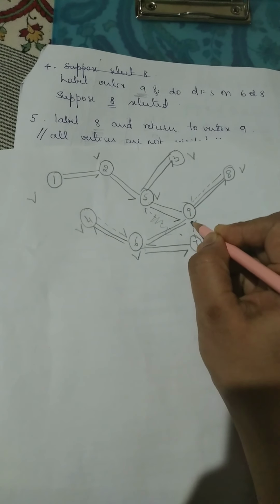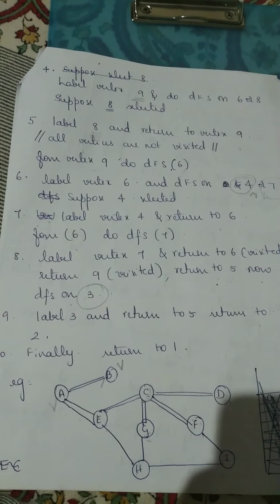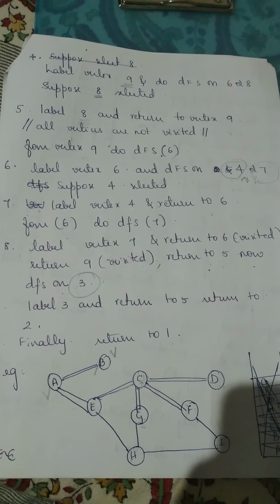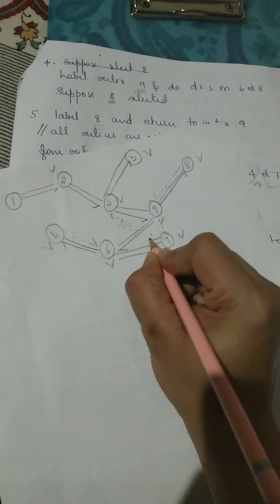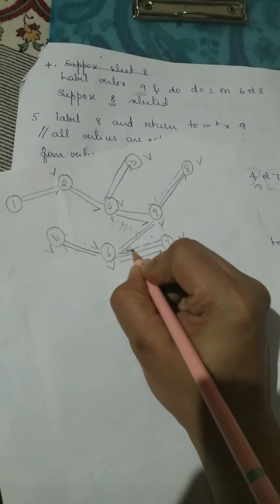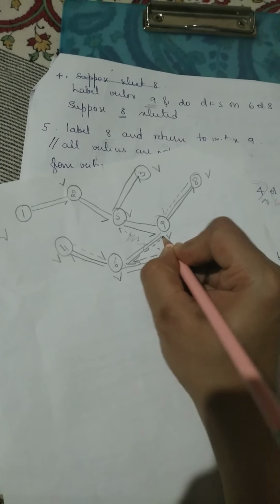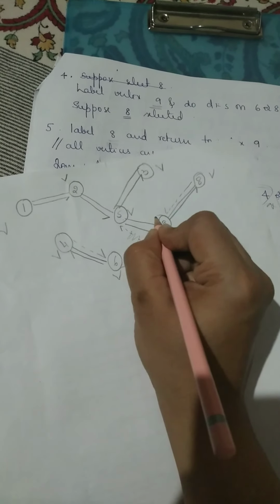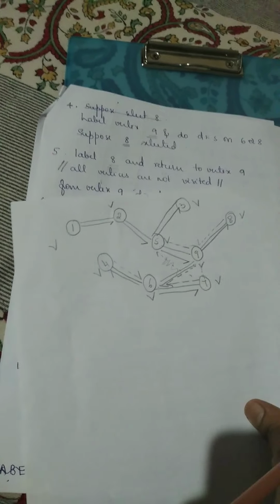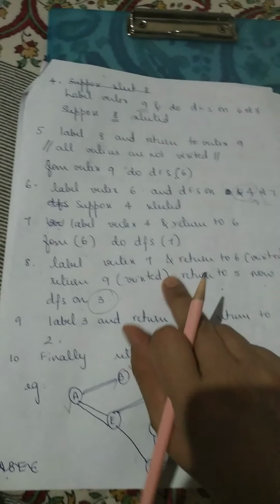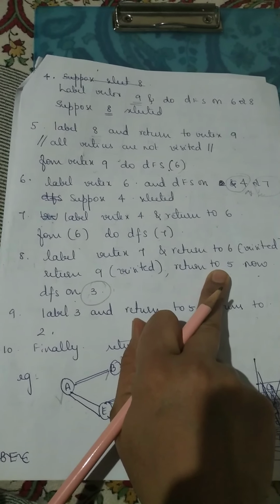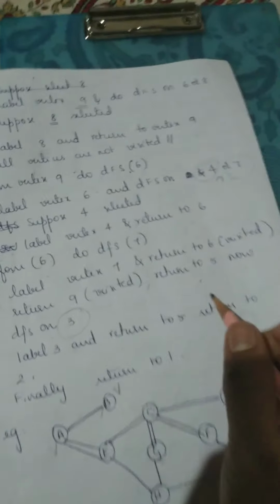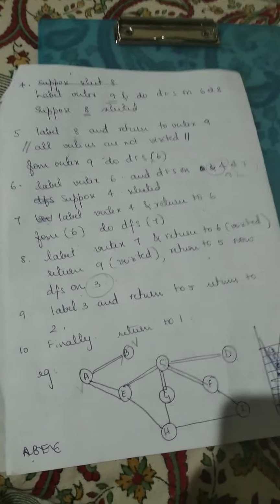Return to 9, again backtrack to 6 and then backtrack to 9 and then backtrack to 5. Right? 7, return to 9, then from 9 return to 5. Okay. Now this is a simple method without using a stack.